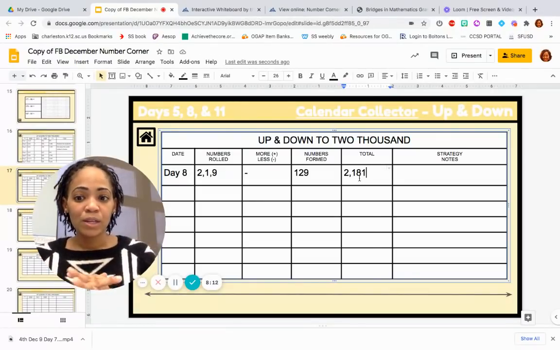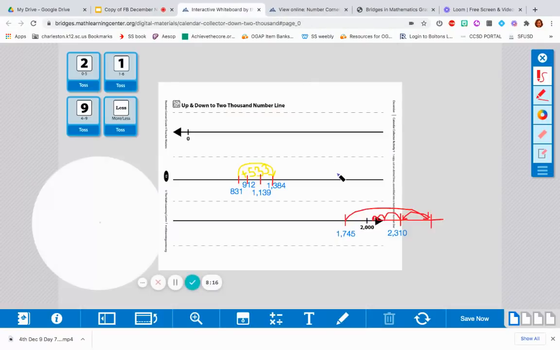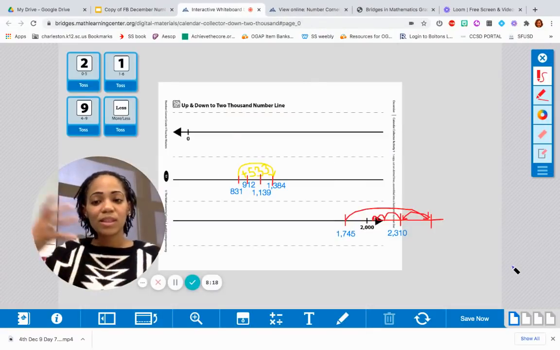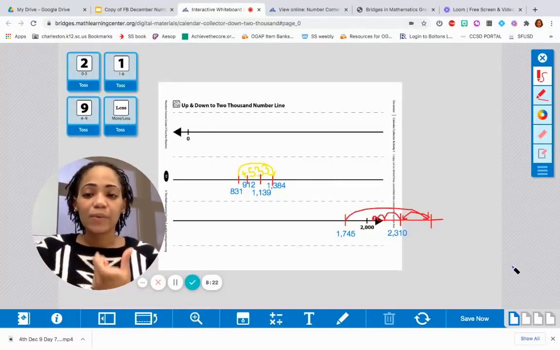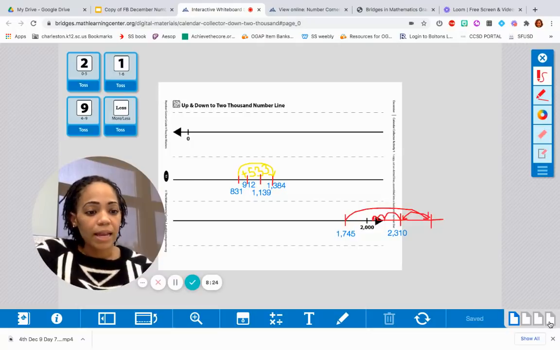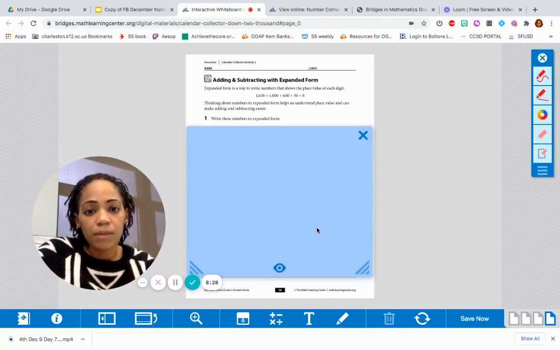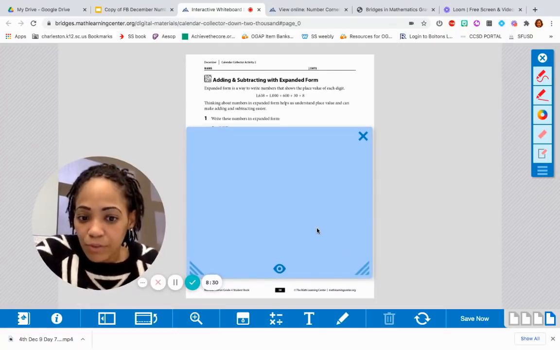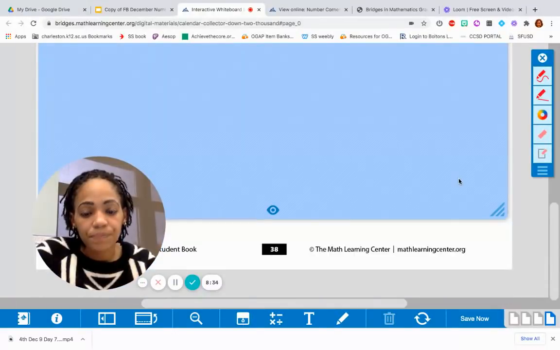Now, today we're going to do a workbook page on expanded forms. So still with the thinking of making smaller numbers when we're taking away less, making bigger numbers when we're adding more. I want you to open up to the adding and subtracting with expanded form page in your book, which it looks like is on page 38.